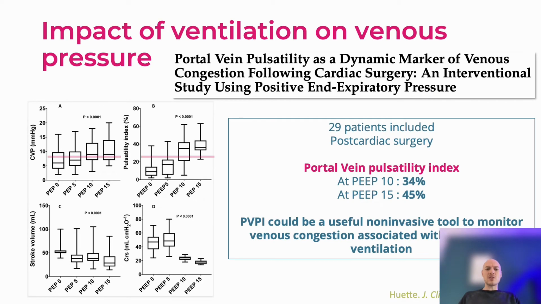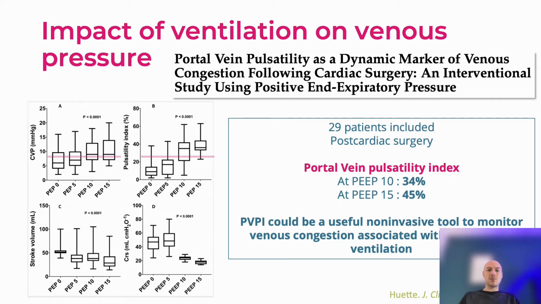Because in patients mechanically ventilated, the threshold for considering a high CVP is increased, it is complex to consider a static parameter reliable. In this study, the authors analyzed the portal vein pulsatility index, PVPI, which is considered a surrogate of venous congestion in post-cardiac surgery patients.